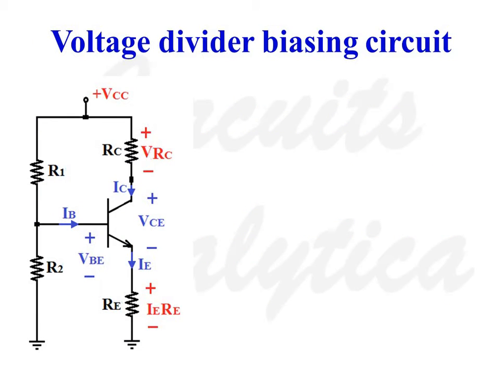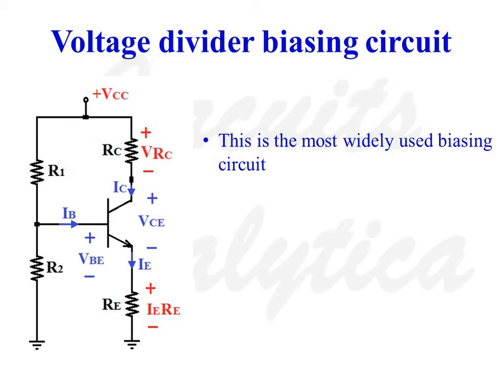Voltage divider biasing circuit. Here the resistor network R1 and R2 divides VCC to a lower voltage. That is why this is called a voltage divider biasing circuit. Resistance RC is the DC load of the circuit, and resistance RE is the emitter resistance, which provides stability for the circuit against variations in beta and VBE.